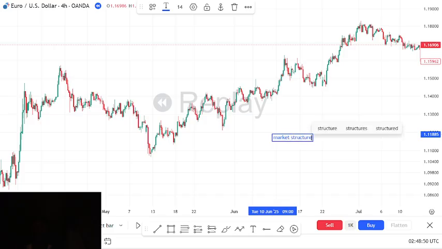When we get our market structure, we will continue with our supply and demand, and then we will end with liquidity.